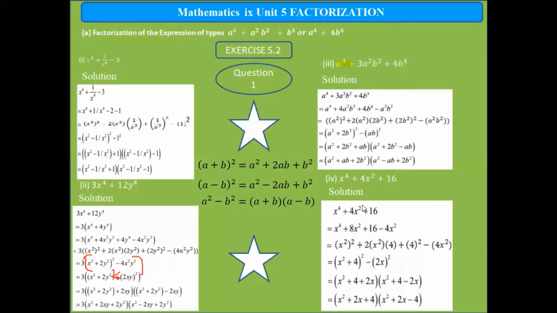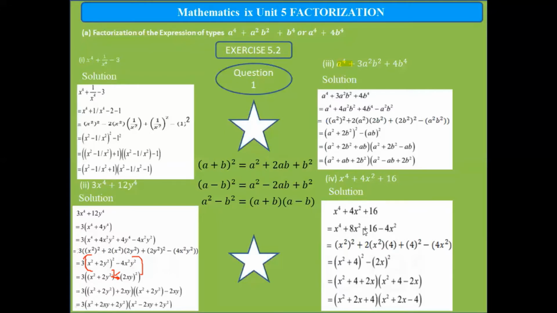To make this term 8x square, I need 4x square more. So I add 4x square and also subtract it. When we add something, we have to subtract that value also, so that the equality is maintained.